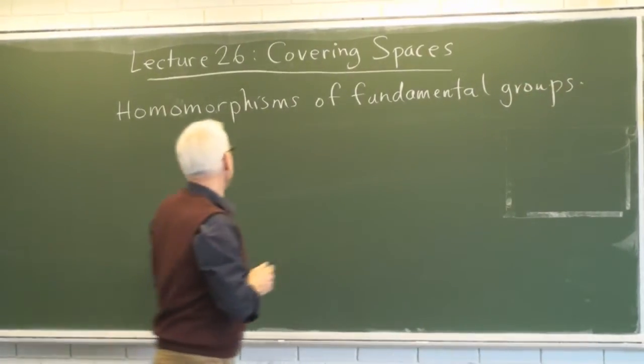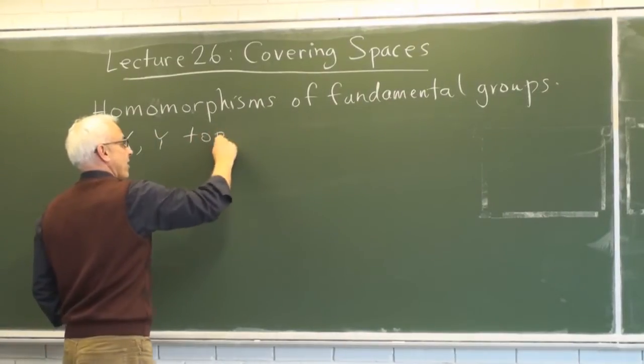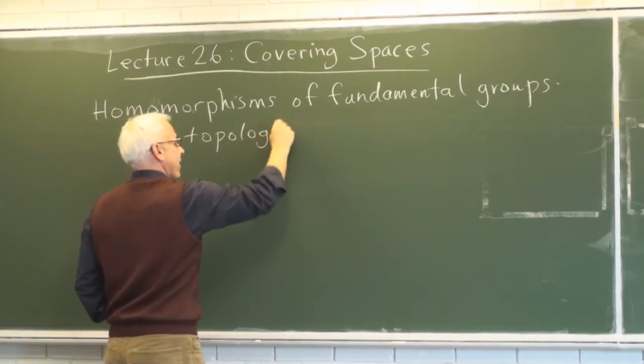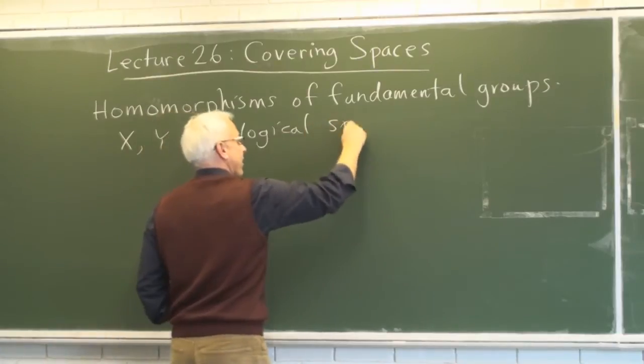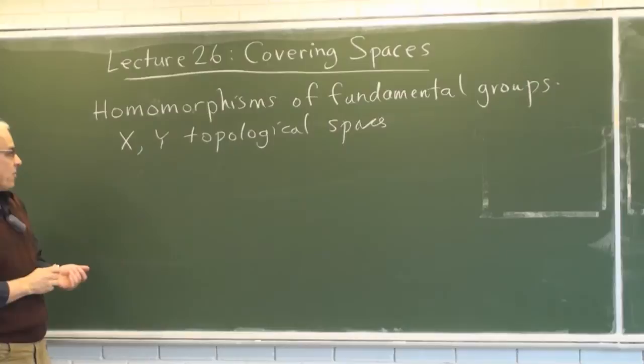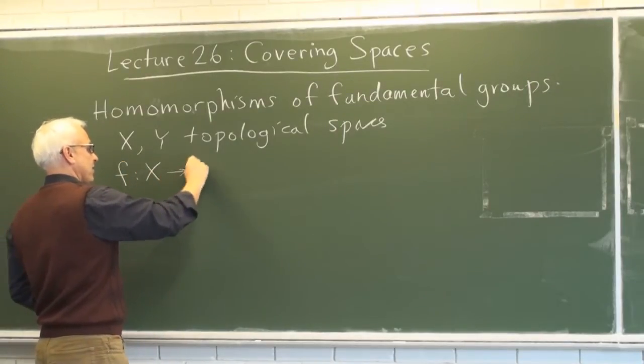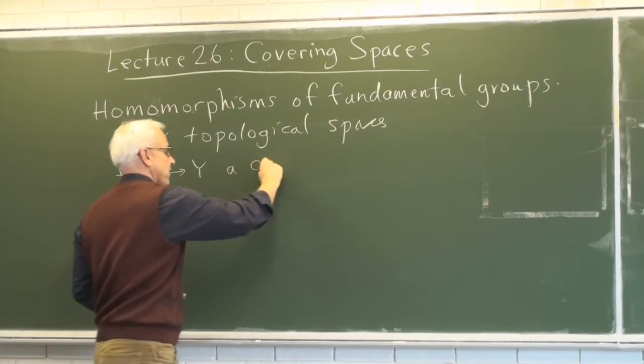So suppose that we have X and Y topological spaces, and suppose that we have a function from one to the other, f from X to Y, a continuous function.